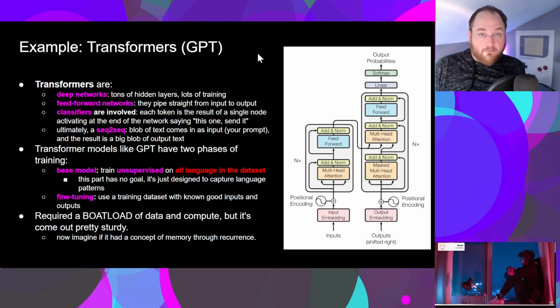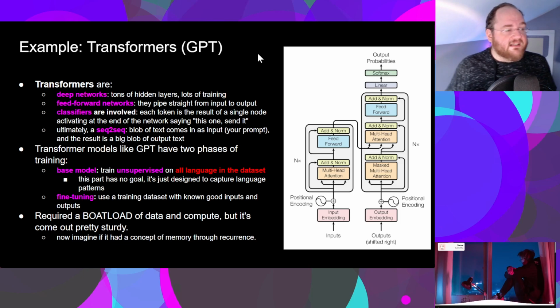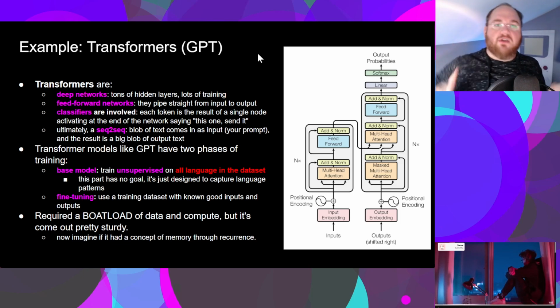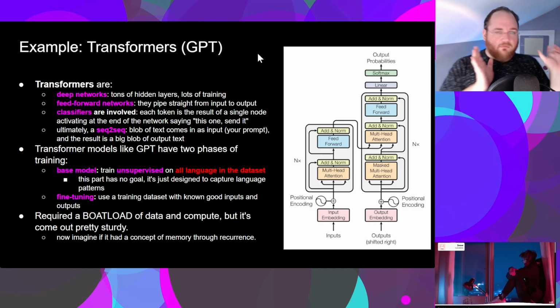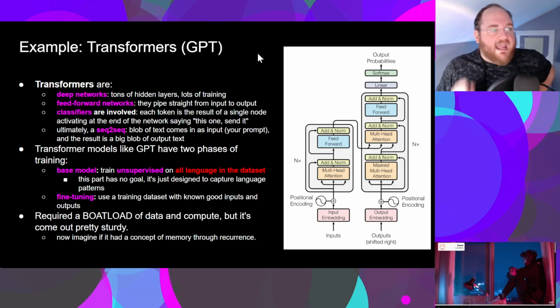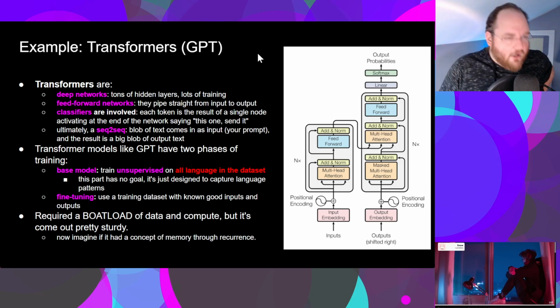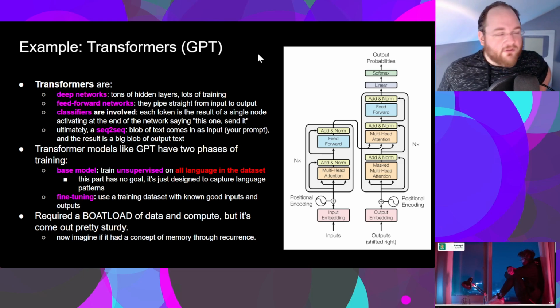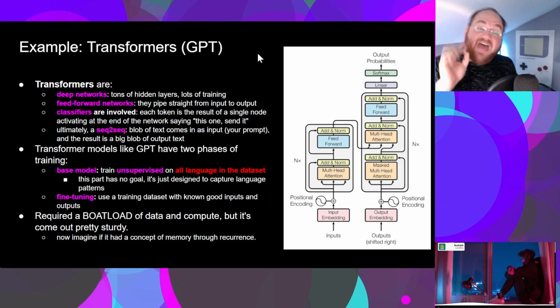Classifiers are involved, for sure, because, as we've discussed before, GPT produces one token at a time. It takes your big blob of words and it says, I think that you are cool, or whatever it's going to say to you. If you begged it to call you cool, it would do that. And it's producing one at a time, right?